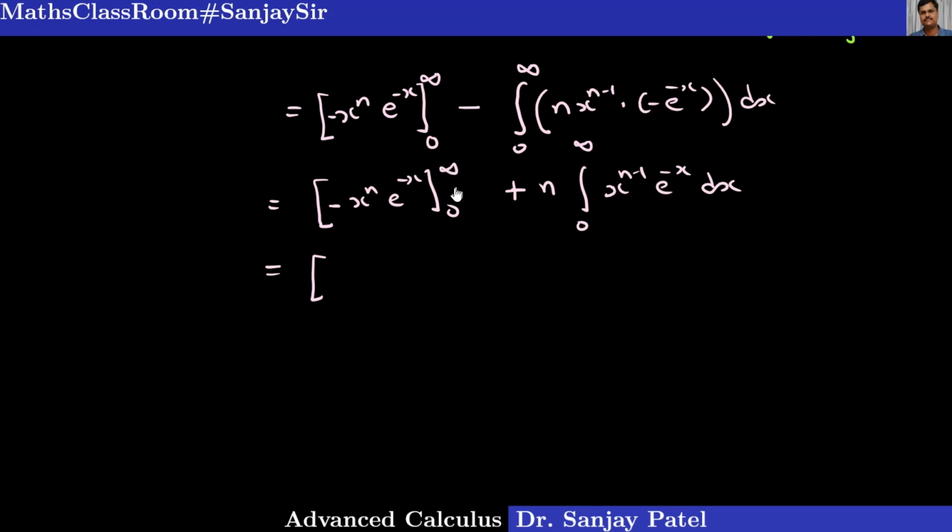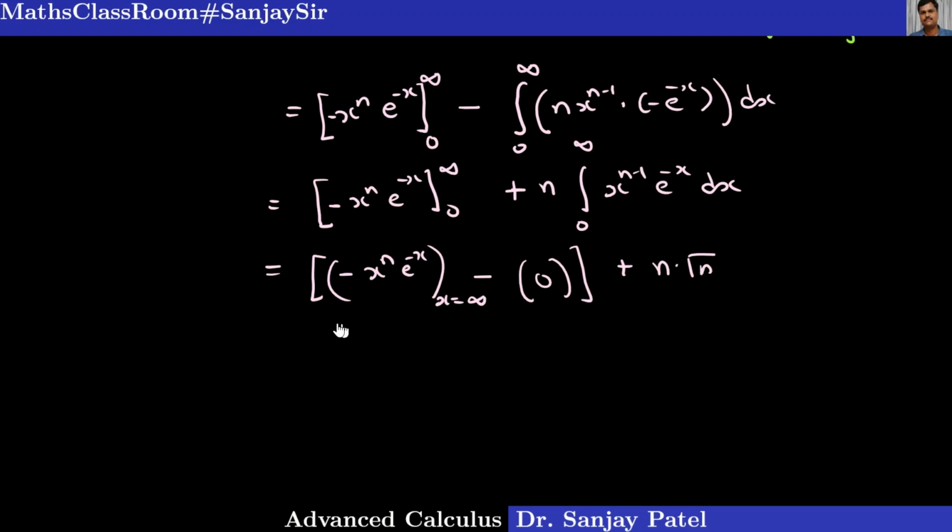First we put the upper limit of integration, which we cannot compute yet, so I write just x raised to n e raised to minus x at x equal to infinity, which we don't know, and minus, putting x equal to 0, this becomes 0. And plus, this second integral is n into gamma n.